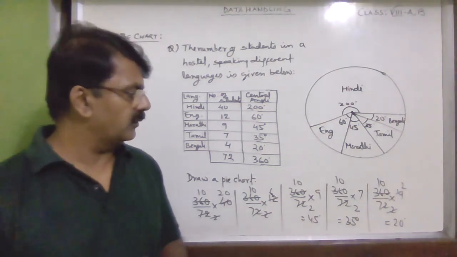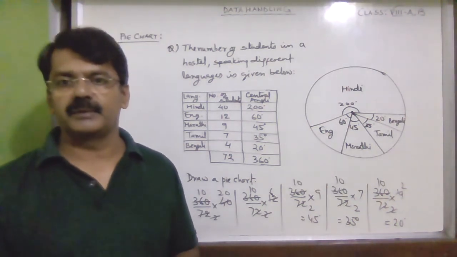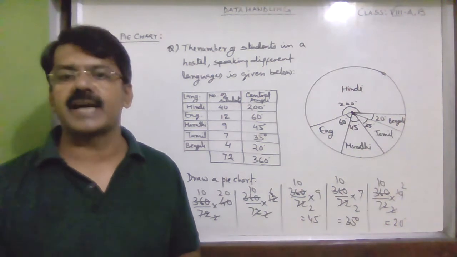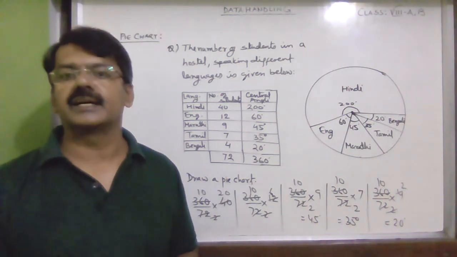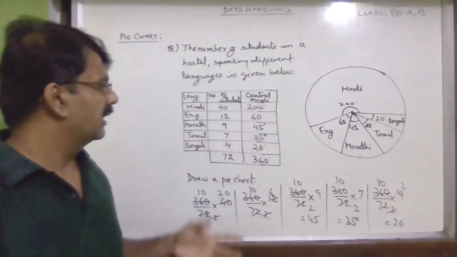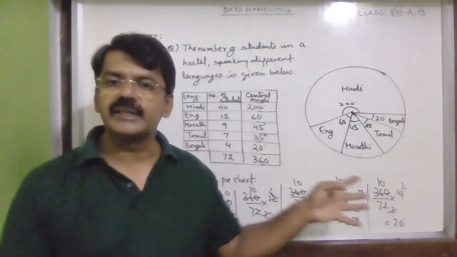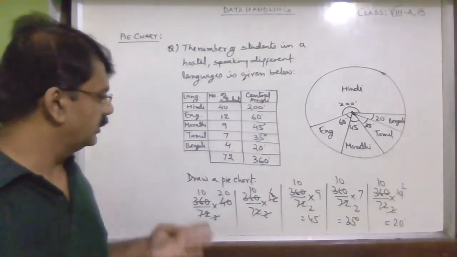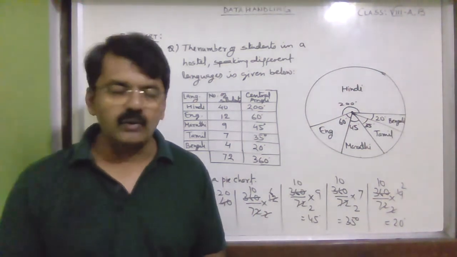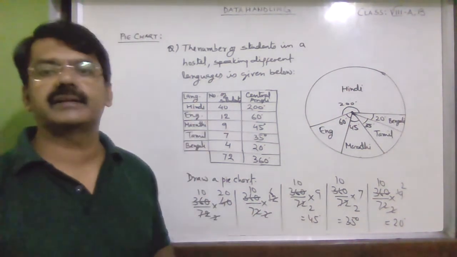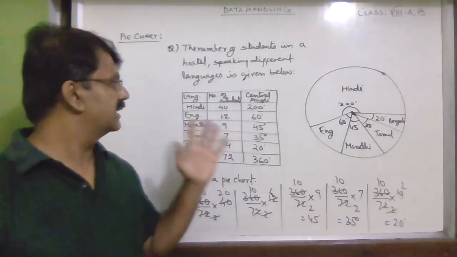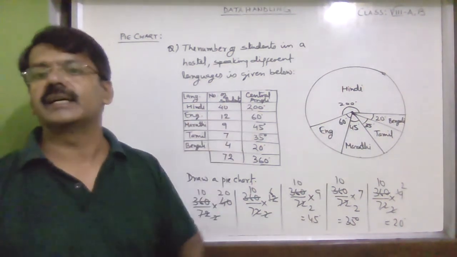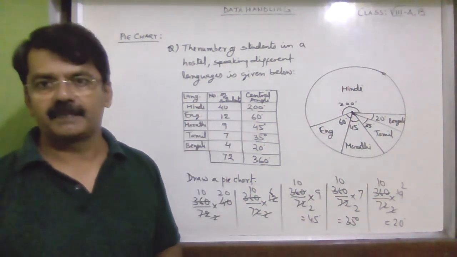But whenever there is a proper exam conducted in a classroom, you have to show these workings, because they also carry marks. You have to show how you calculated the central angle of various sectors. Clear?